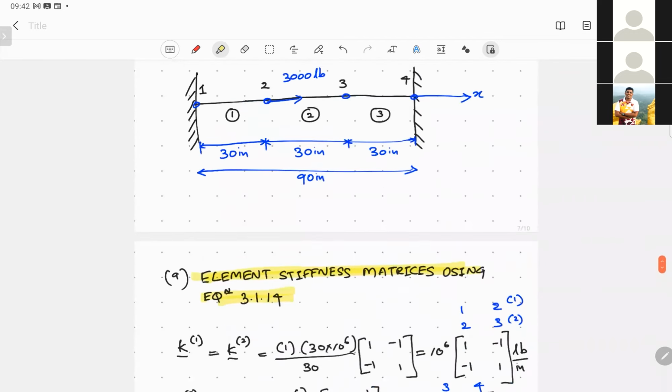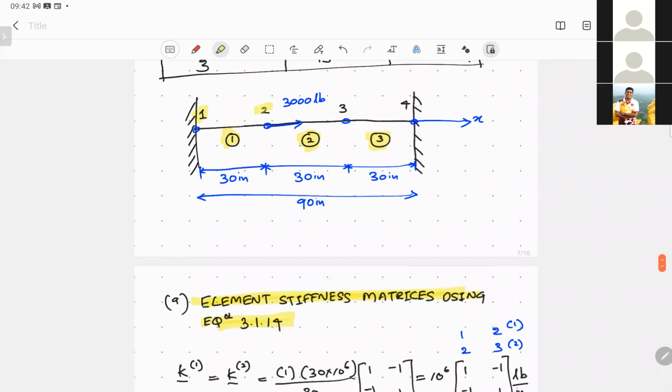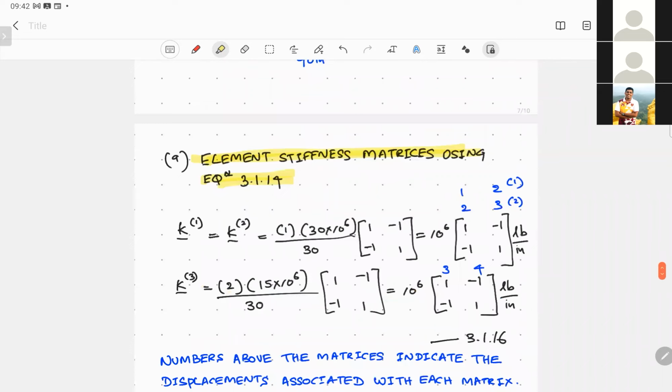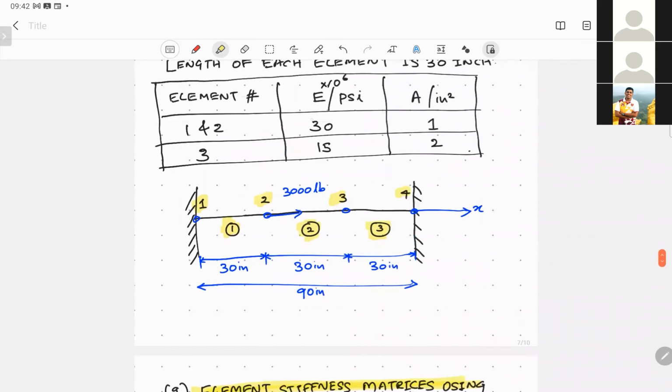So there are 3 elements, 1, 2, and 3, and 4 nodes, 1, 2, 3, 4. For the first element and the second element, we see there are identical material properties, and of course, geometric properties. E and A are the same.